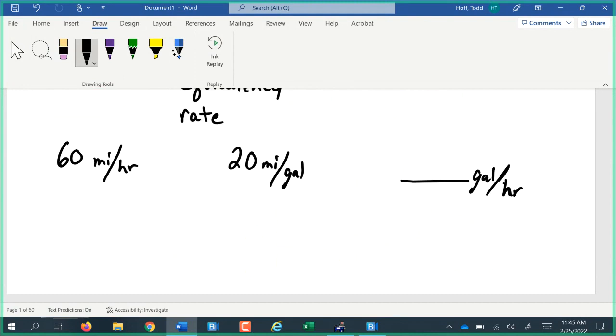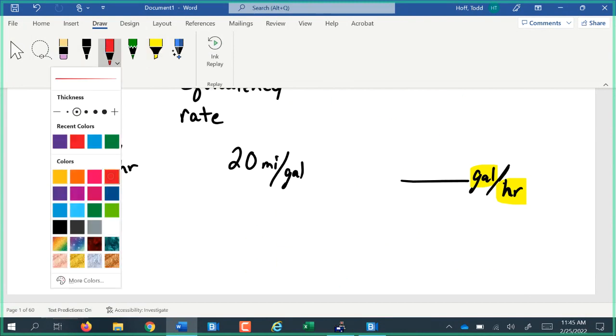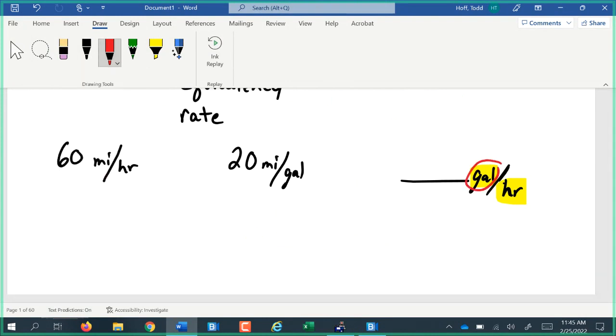So to set something like this up, the key is figuring out which of the existing numbers to start with. We want gallons per hour. So we're going to look for one of the existing units that has one of those values in the correct position already. If we look at gallons, we want gallons to be in the numerator of our result.